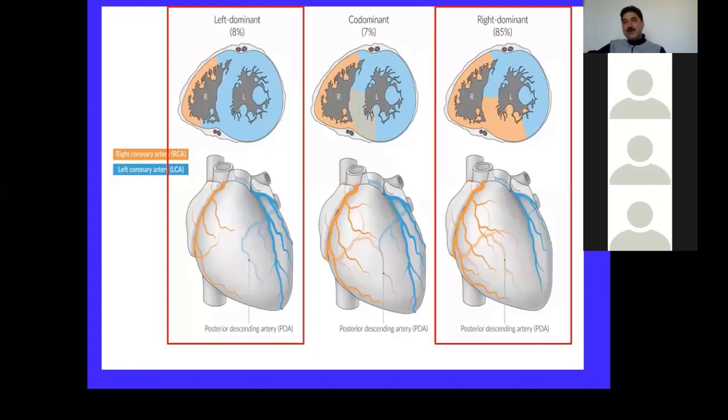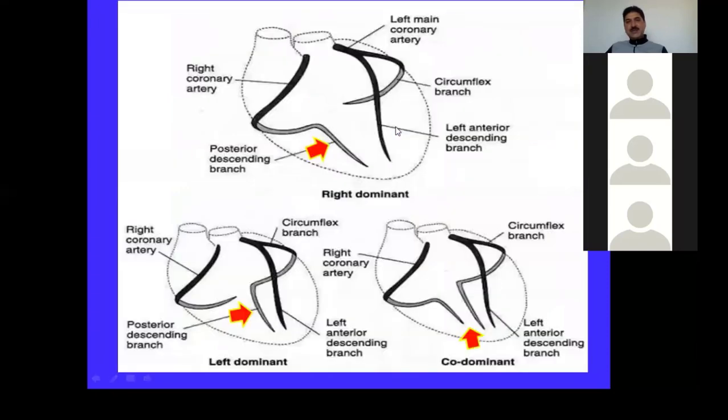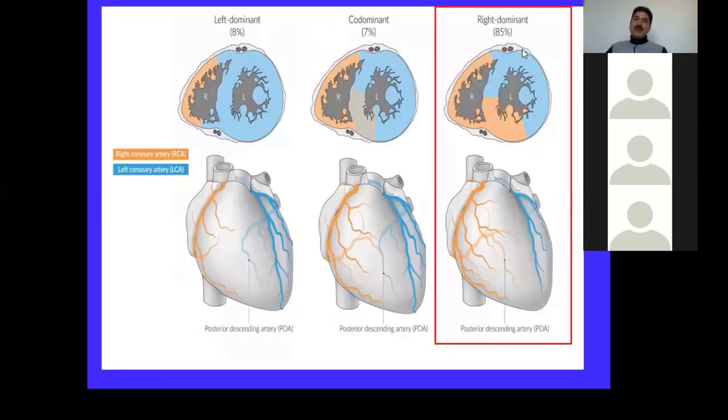Now, if I ask you which type of circulation, best possible circulation for a human being, and why? To answer this question, you should know the pathology of coronary artery, atherosclerosis. Let me discuss it. So what will happen if we have right dominant circulation? Suppose this left coronary artery is blocked, as occurs in atherosclerosis.